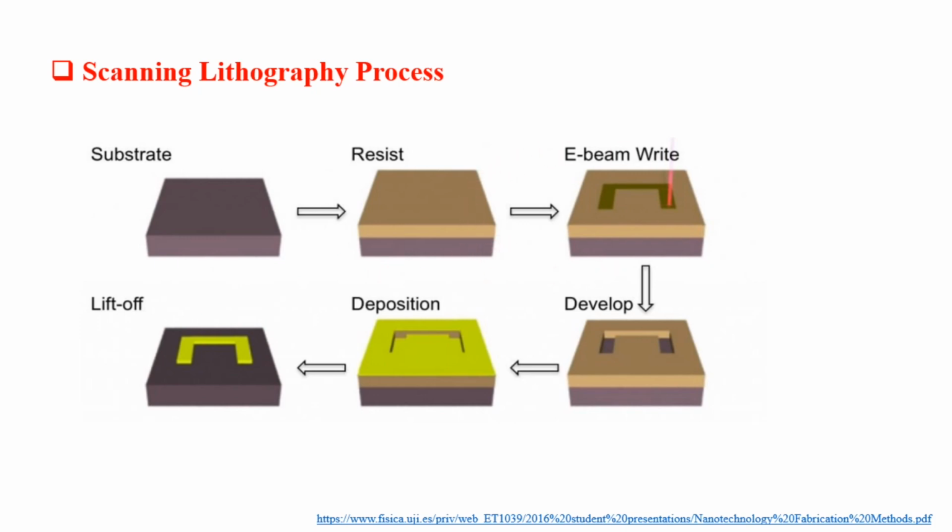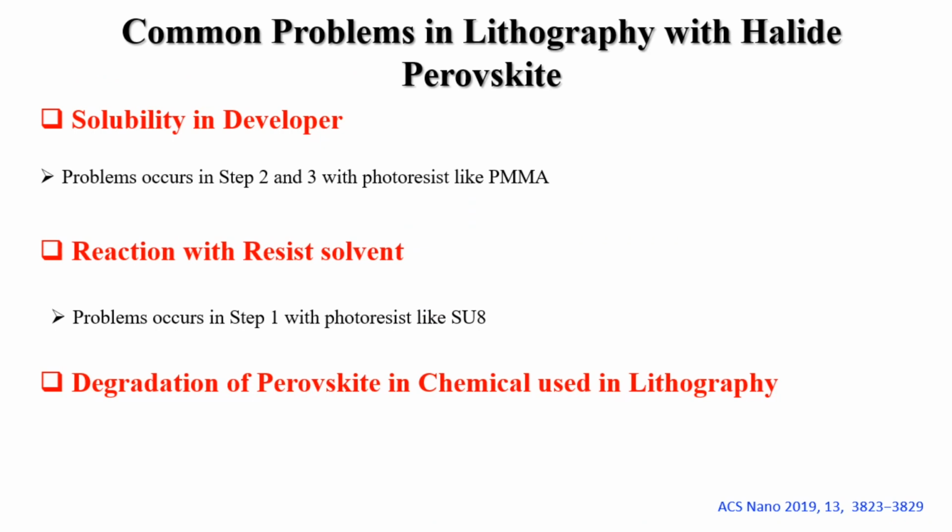But when we go with halide perovskites, some problems come up when we do lithography. One problem is solubility in the developer, because when we develop the resist, some of the halide perovskite dissolves in it.